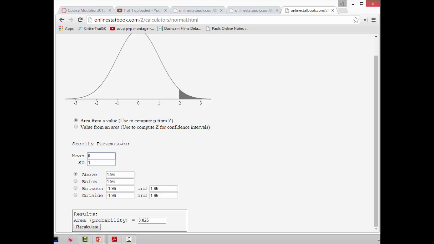What we're looking for is the probability between 0 and 2.32. If we do between and put 0 and 2.32, our answer becomes 0.4898. So about a 49% chance that the z-score is between 0 and 2.32.